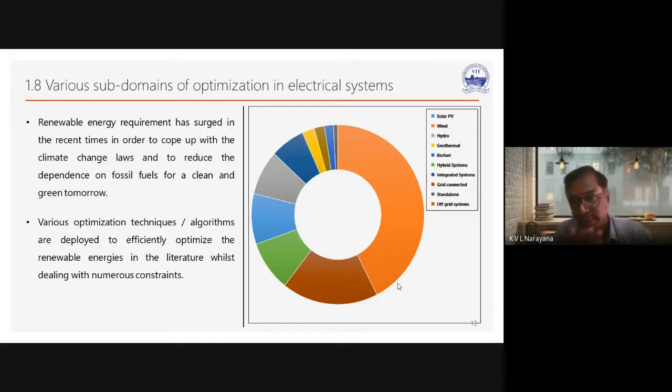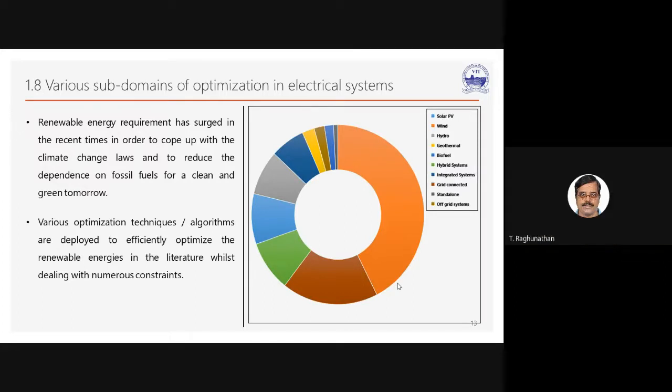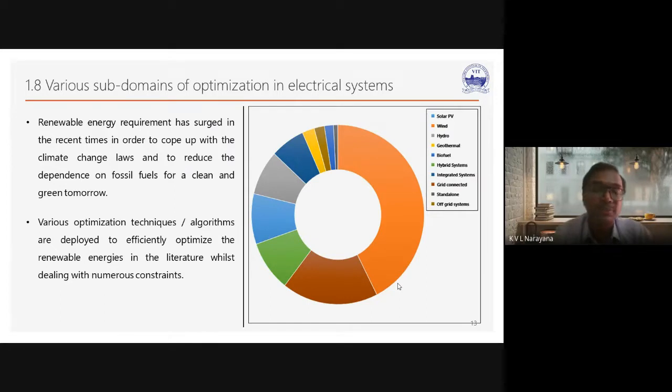Here you can see various subdomains of the electrical system where people have applied optimization algorithms. The previous slide and this slide give us information about the role and importance of optimization in the electrical systems.